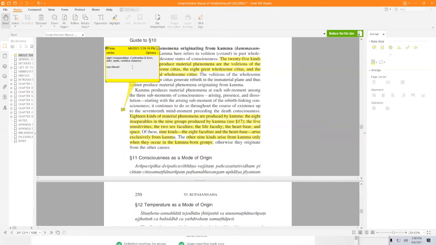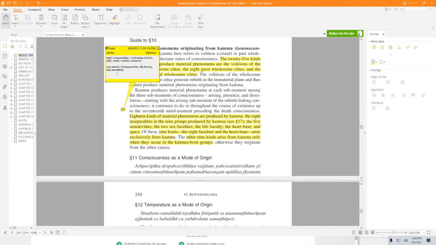So here the 8 inseparables are included. Plus, since this is organic matter, the life faculty is present. And since it's the eye decad, there's eye sensitivity. So that is the eye decad.